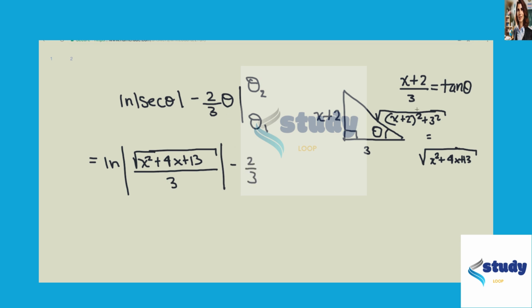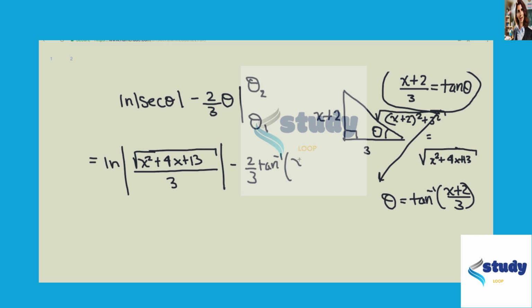And then theta, you could find theta by just taking the trig sub up here and taking arctan on both sides. There's theta. So we come over here and plug that in for theta. So tan inverse x plus 2 over 3. And then now we're back into x, so we can use our original limits 0 and 1.